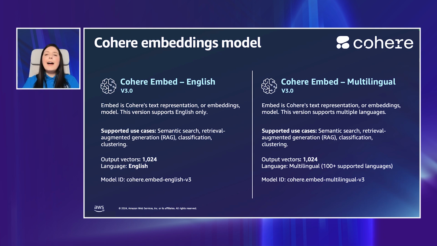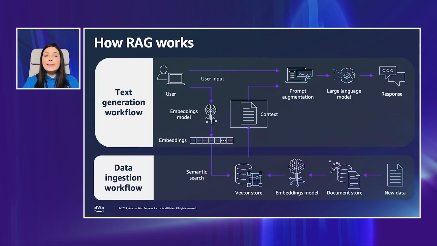Okay, so how does a RAG application work for this semantic search? We have the user input, and we want to have this response from the large language model. For that, we want to augment our prompt with this most recent information, and we want to pass this prompt to the model to get the reply. But how does this workflow work? First of all, we need to have the data ingestion workflow.